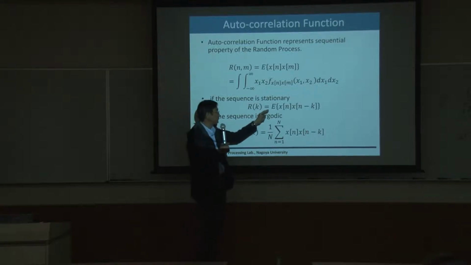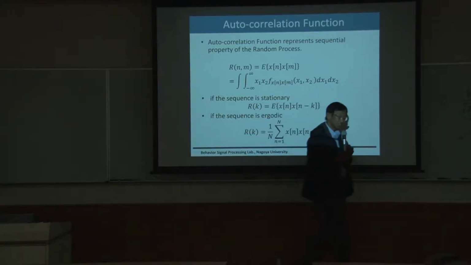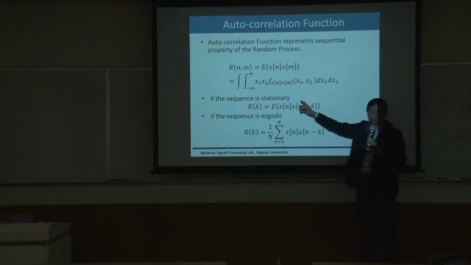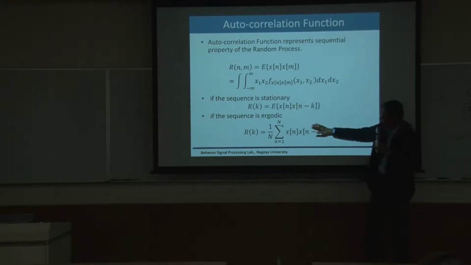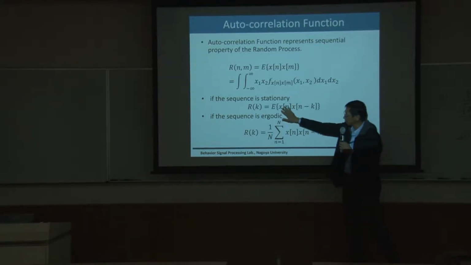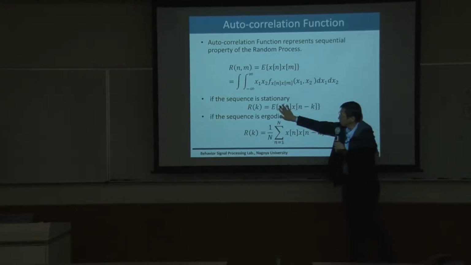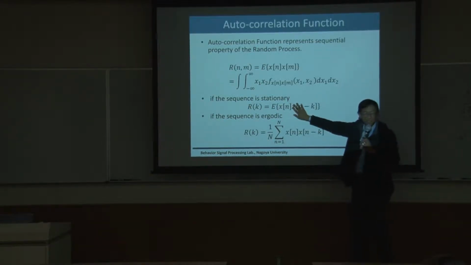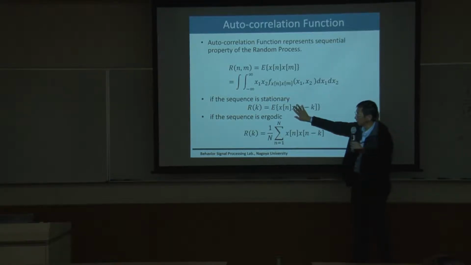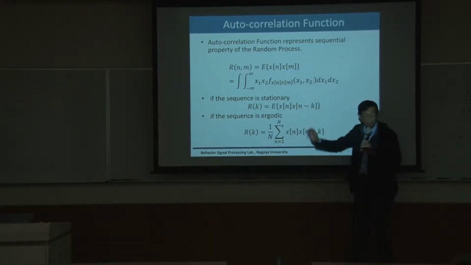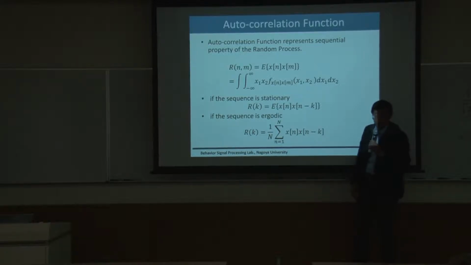Because being stationary in terms of a stochastic process means that the expectation of xn doesn't change when n is changed. Whatever the small n is, if it is stationary, it is the same.